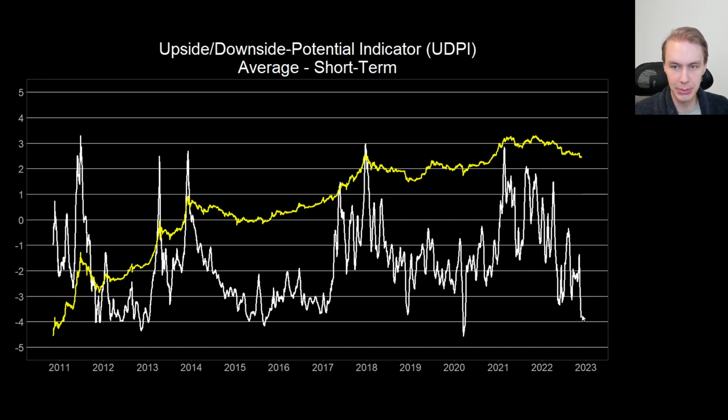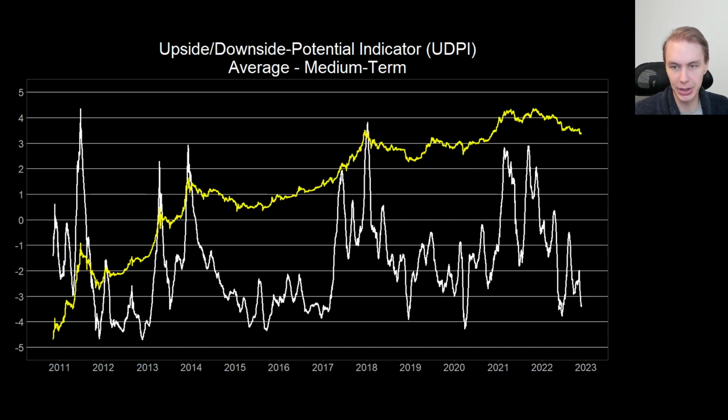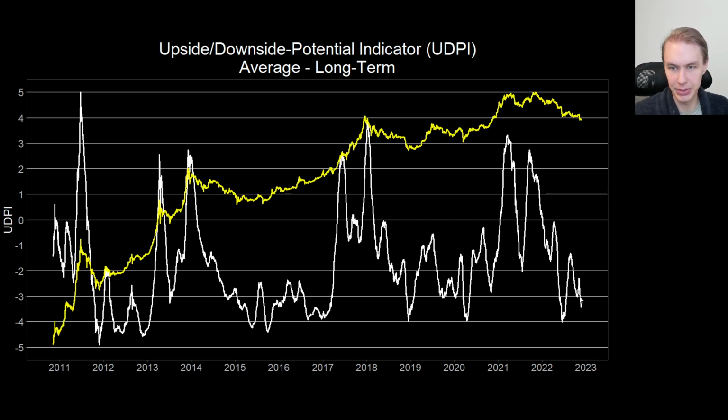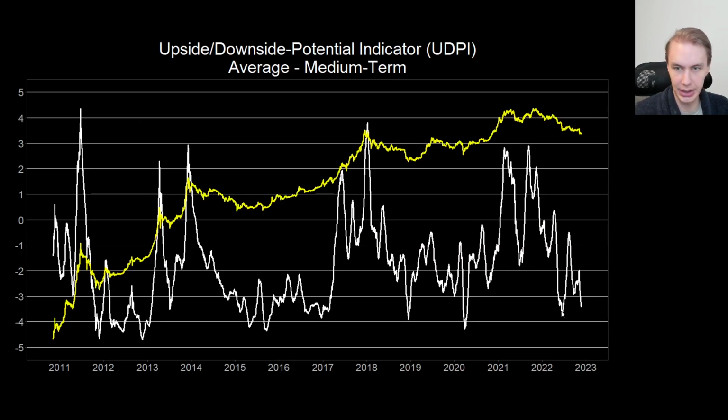But it's also interesting more recently, it got a local bottom back in June. But what's interesting about this one is it's telling a different story than the longer medium term average UDPIs, because it's actually at a lower level now than it was in June, whereas the medium term is higher currently than it was back here. And then of course the long term is also higher currently than it was back in June.